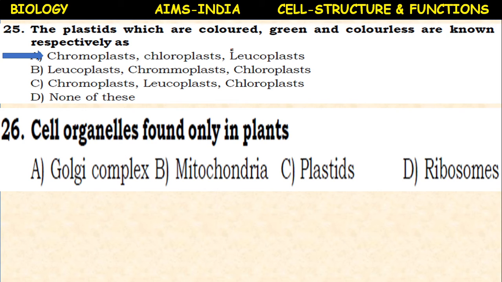So here the cell organelle found only in plants, the four options are Golgi complex, mitochondria, plastids, ribosomes. The answer is plastids.